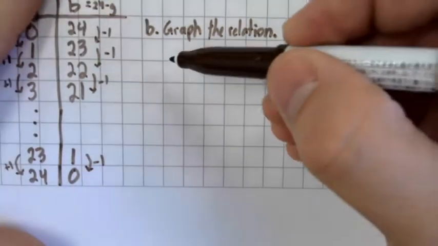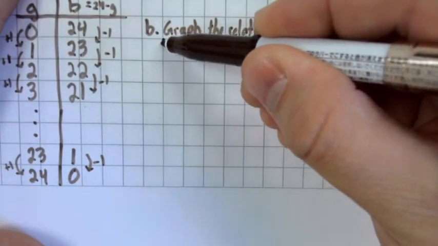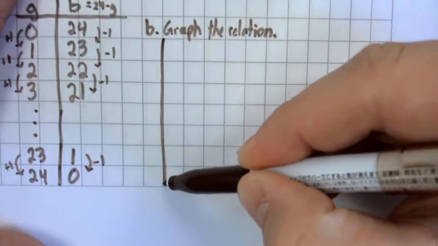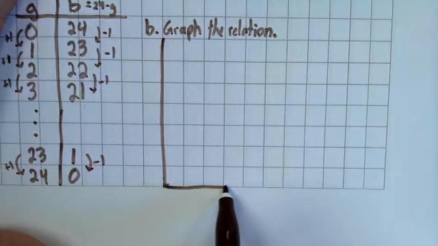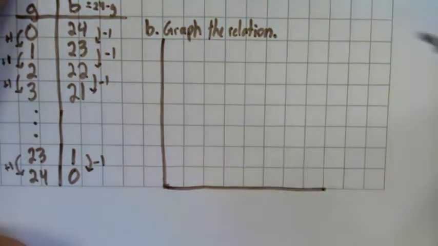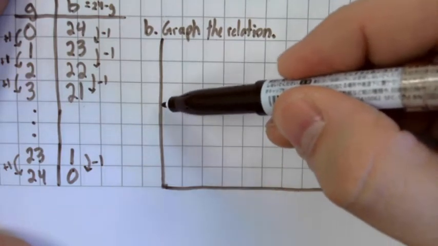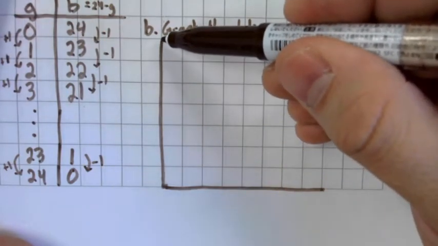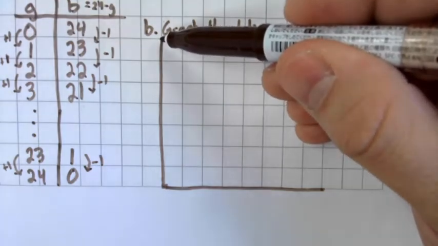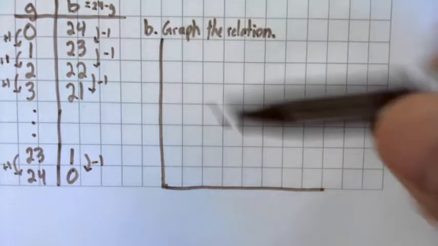So let's start by just drawing our lines. I'm going to draw this like so. Then I'm going to do a little counting. How many squares do I have here? I have 1, 2, 3, 4, 5, 6, 7. So thinking about that, what could I go up by?